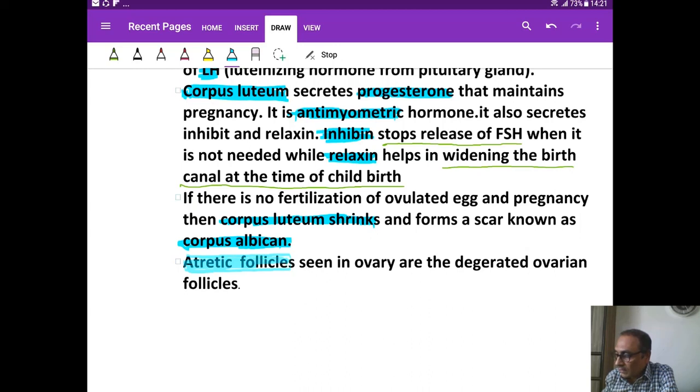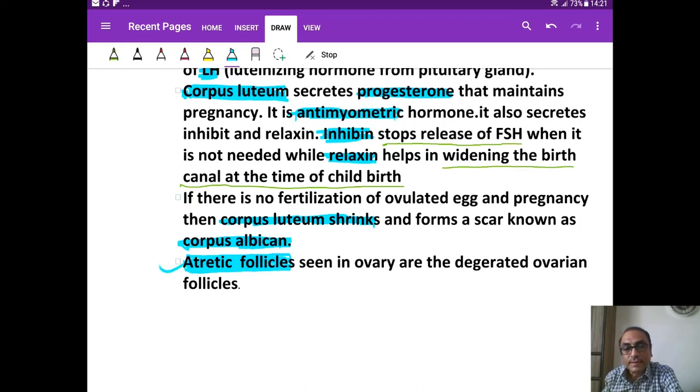Formation of atretic follicle is happening regularly because in 1 month only one ovarian follicle can grow, reach the stage of Graafian follicle and ovulate. So the other ovarian follicle which are growing, their growth will be arrested. Some chemicals released from the Graafian follicle will inhibit the other Graafian follicle from further growing, and those follicles undergo degeneration and they form the atretic follicles.